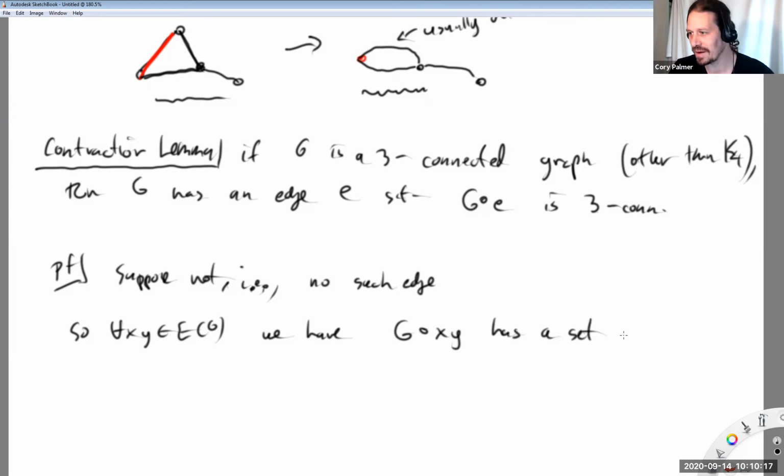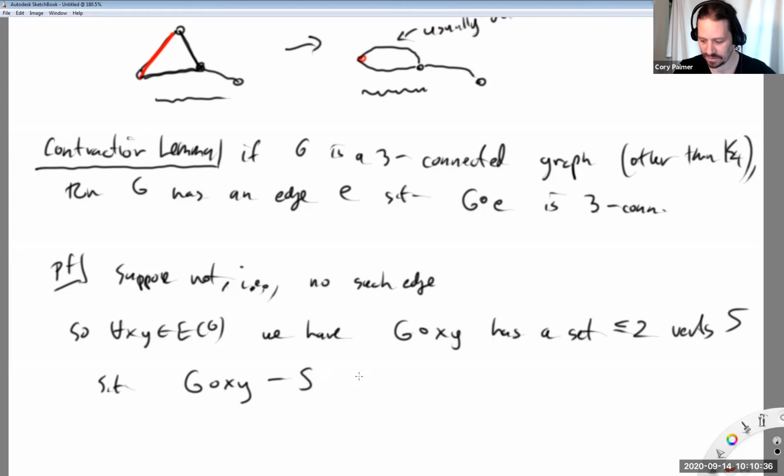I don't know if it's 2-connected; after the contraction, it might become only 1-connected. But it has a set S of at most 2 vertices such that the graph after the contraction minus S is disconnected. So for every single edge contraction you make, the graph is no longer 3-connected, and I can disconnect it with 2 or fewer vertices. That's what it means to fail the property here.